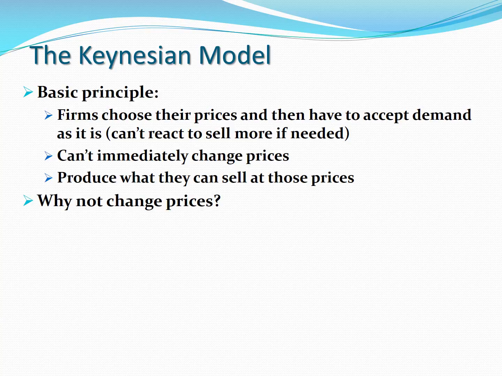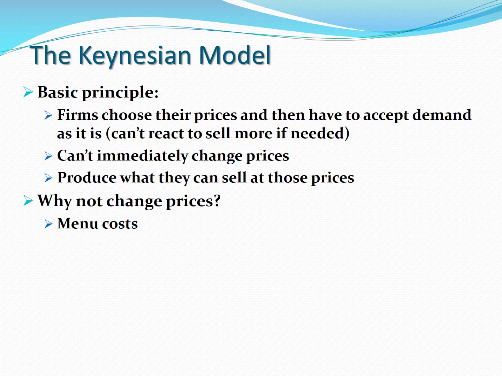So why then can't we change prices? Well, we mentioned this before. We have to mention it again here because this is why. We have this model where demand falling can lead to a downward spiral, and it's because it's costly for businesses to cut prices.